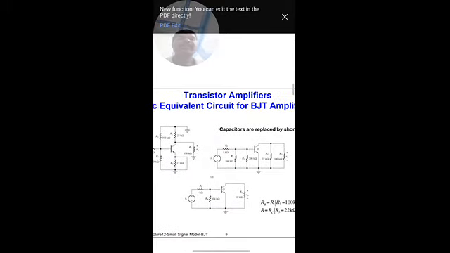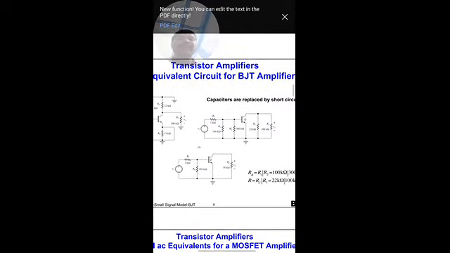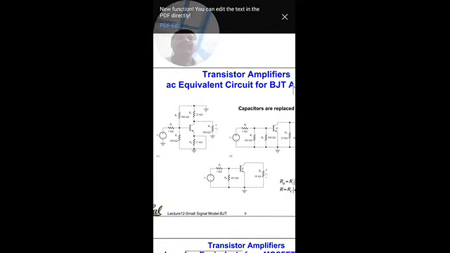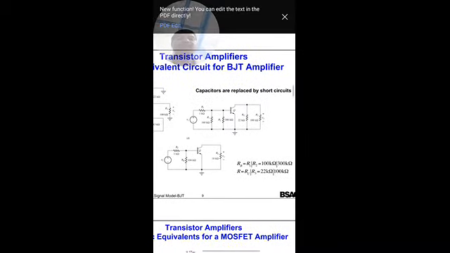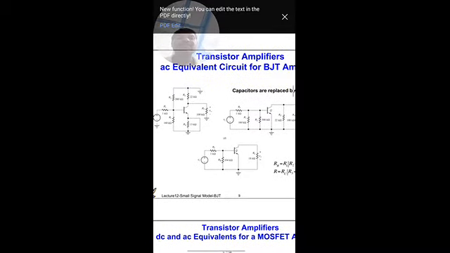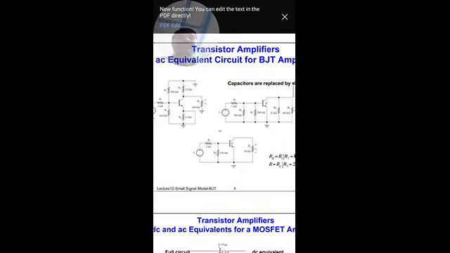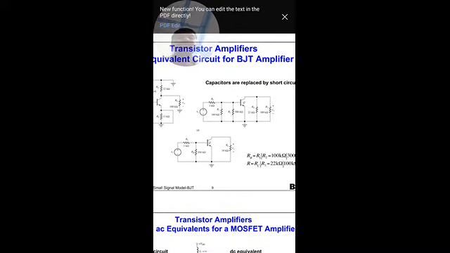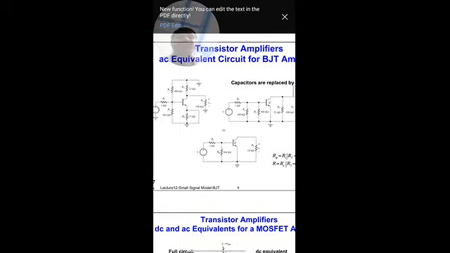Then we do the AC equivalent circuit, and capacitors are replaced by short circuits.